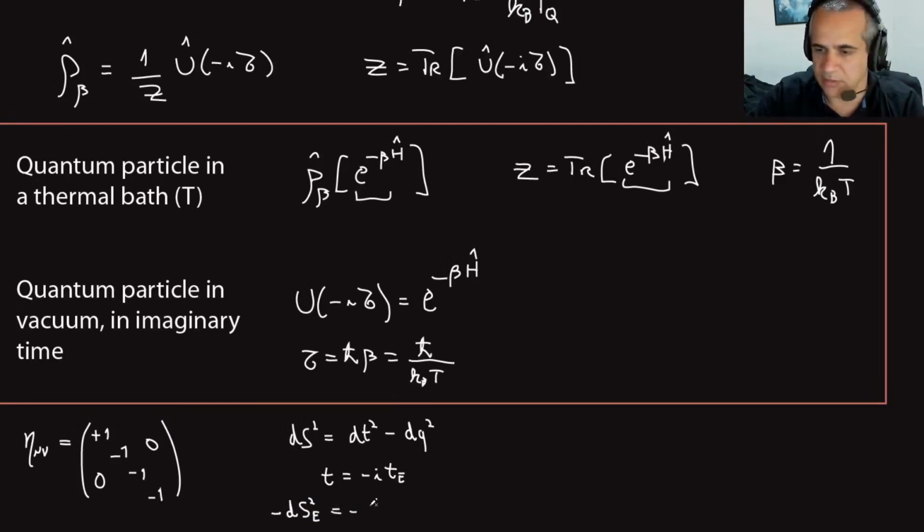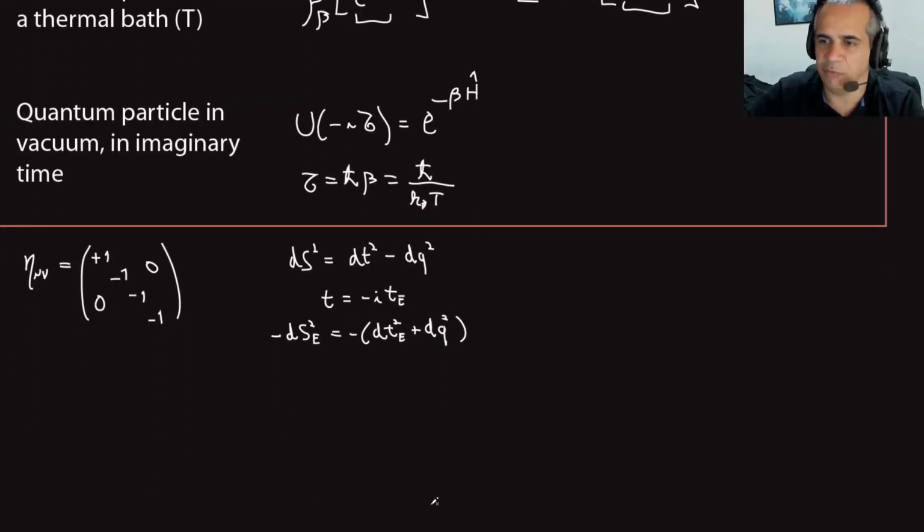And this is just Euclidean time plus the other coordinates, squared. Now you see why I'm calling these Euclidean times, because this is really a Euclidean distance, right, with one extra dimension.